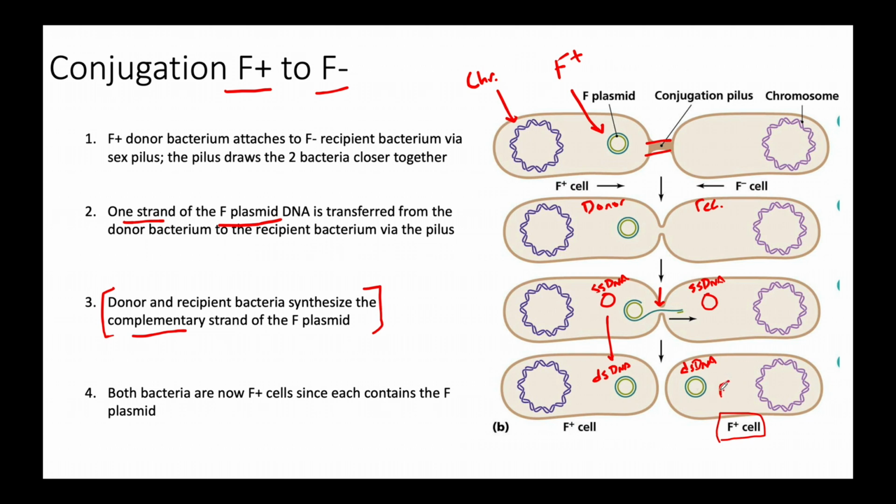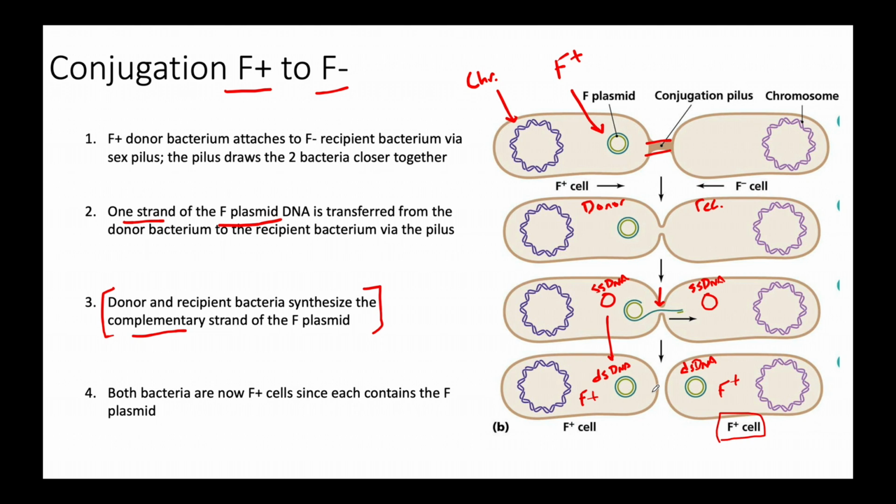So this becomes F plus, this stays F plus, but then realize what can now happen. Both of these cells have the fertility plasmid, and they can go and conjugate with another F minus cell. And so this can help explain how anything on this fertility plasmid could grow in the population, because it can be transferred from one donor to one recipient cell with each round of conjugation.